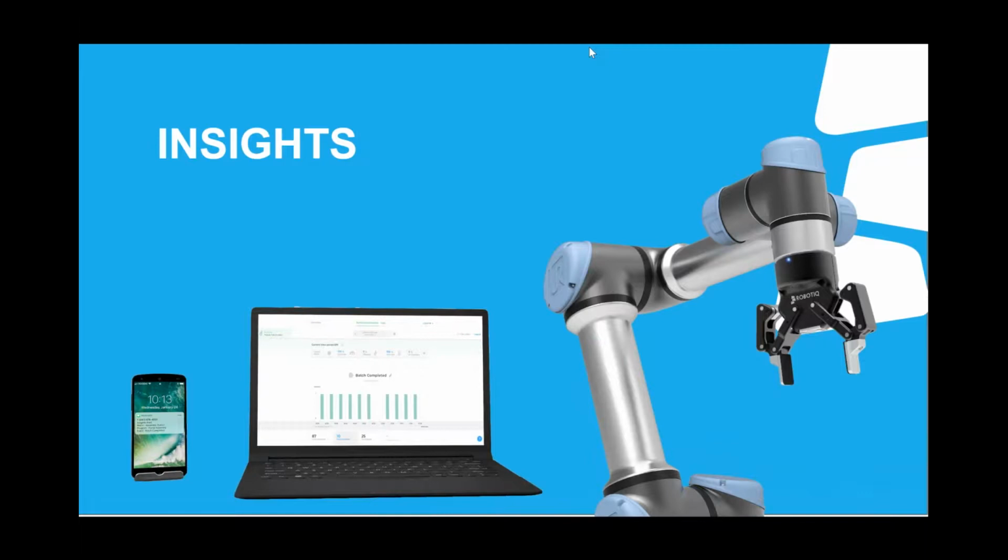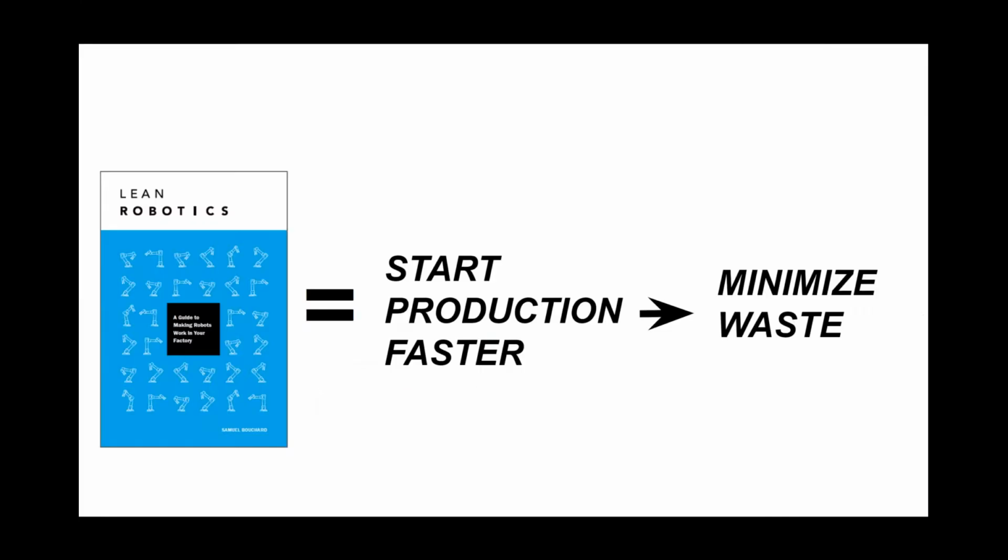And to do that is to help them integrate faster and maximize production. So it all came from the Lean Robotics book that our CEO wrote a little while ago. Its whole philosophy is a methodology for simplifying cobot cell deployment. So the goal here is to help people start production faster.